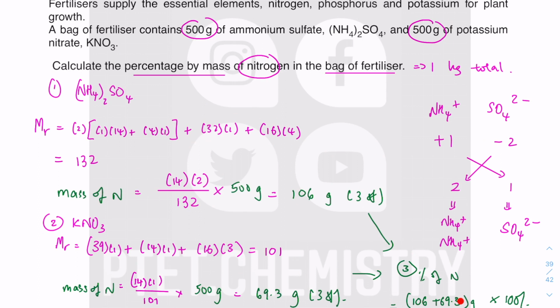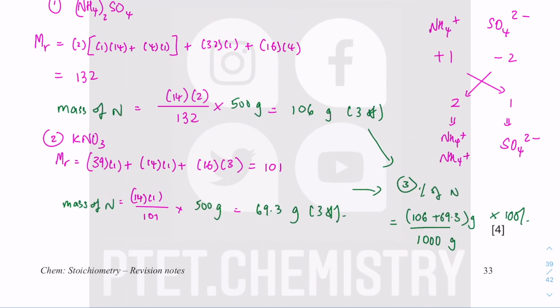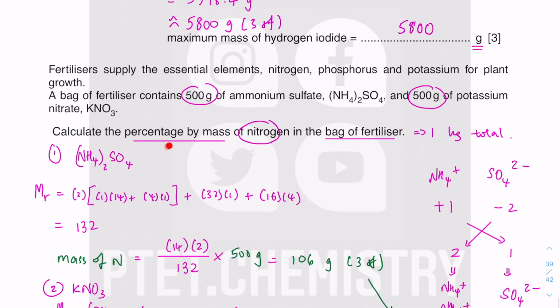This is the mass of nitrogen from the potassium nitrate. And then I can express it in terms of percentage. So 106 plus 69.3 gives me 175.3, divided by 1000 times 100, I get 17.53. Probably round it up to 17.5%, 3 significant figures.